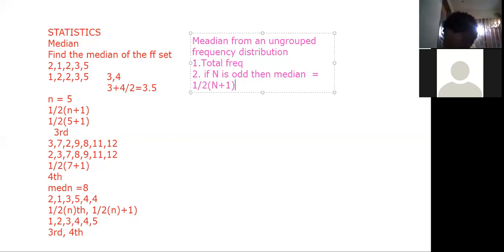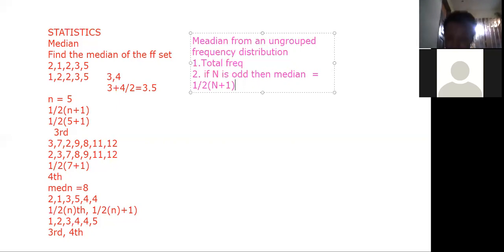That's the same thing. For instance, if sigma f is 29, then our median will be 29 plus 1 divided by 2, which will give us 15. So we go and look for the 15th number and then trace it. We will do an example.